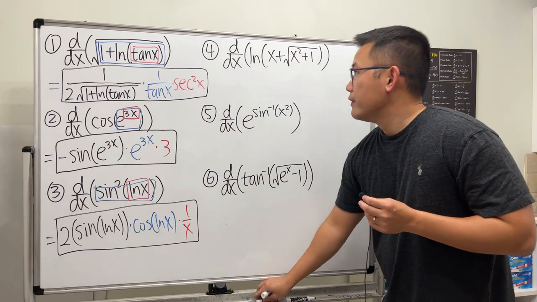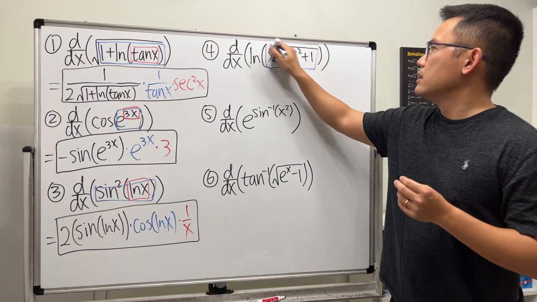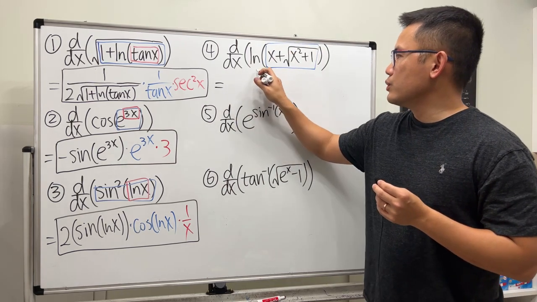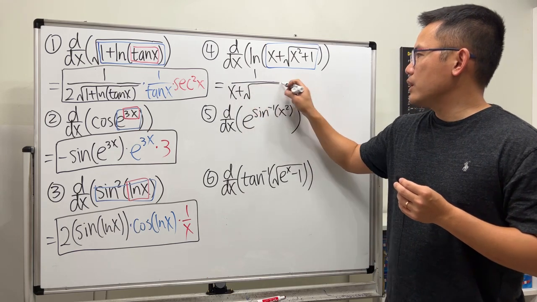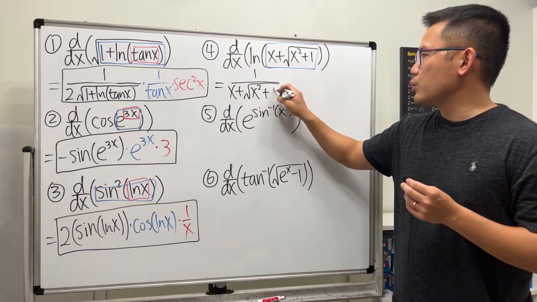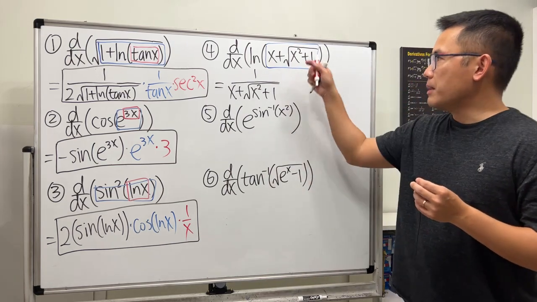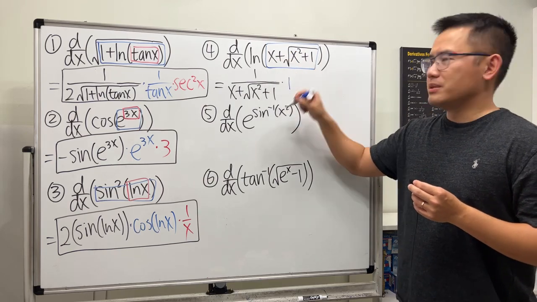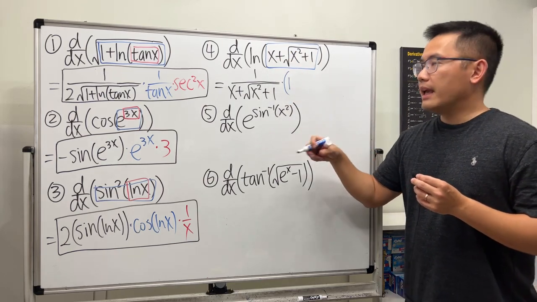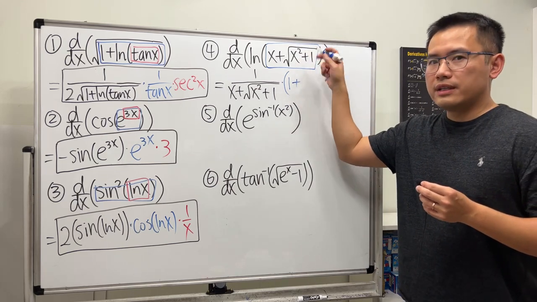So here we go. Firstly, we have ln of a box, yeah? So let's go ahead and just do 1 over the box, which is x plus square root of x squared plus 1. Then we are going to differentiate the box. The derivative of x is 1, but it has 2 terms, so let's put down parentheses. And then we are going to add the derivative of the square root of x squared plus 1.